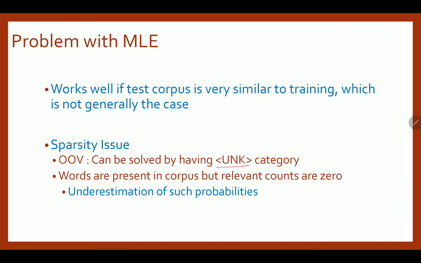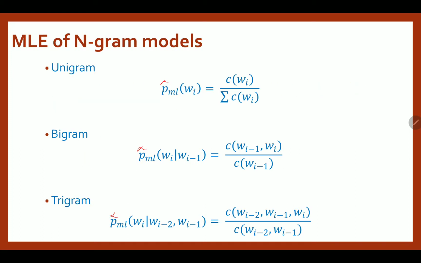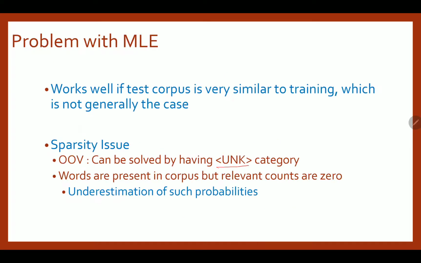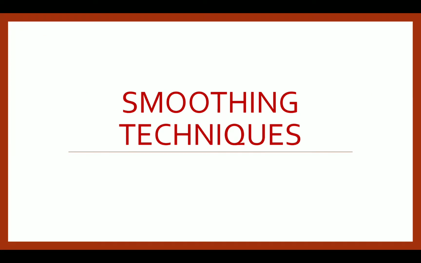But if you are looking at the counts of bigrams or trigrams, it might happen that either the denominator or the numerator is 0. When the denominator becomes 0, the estimate is undefined, and when the numerator becomes 0, we are underestimating those probabilities. So what can we do about it? For that we are going to discuss the smoothing techniques.